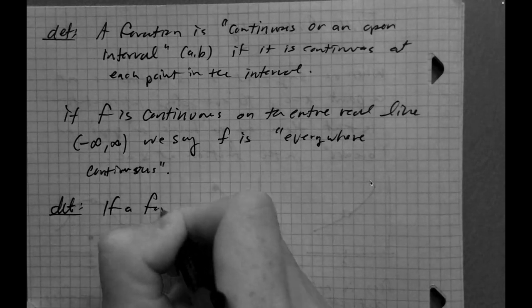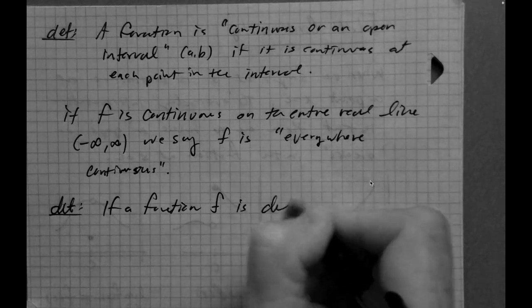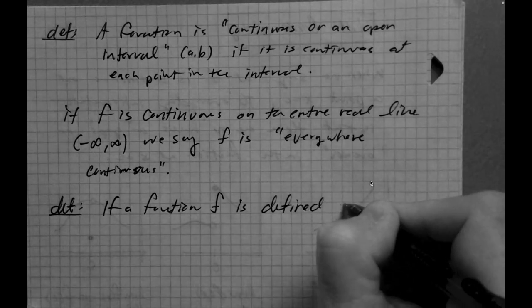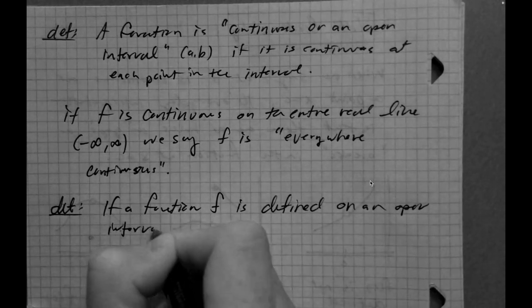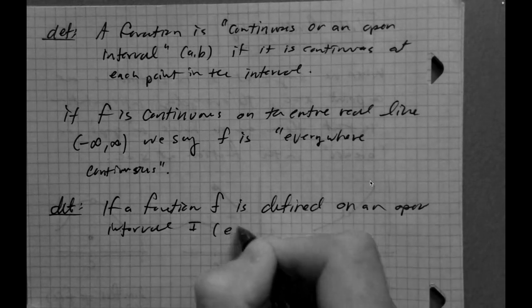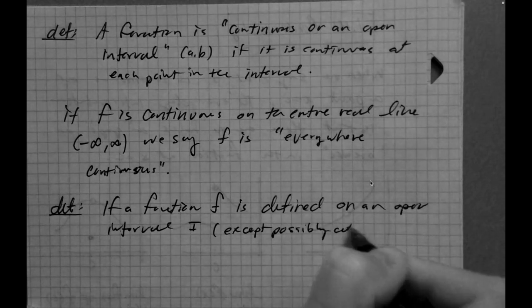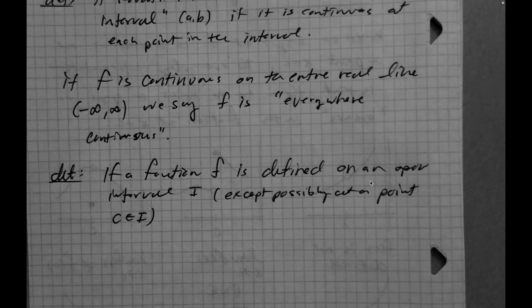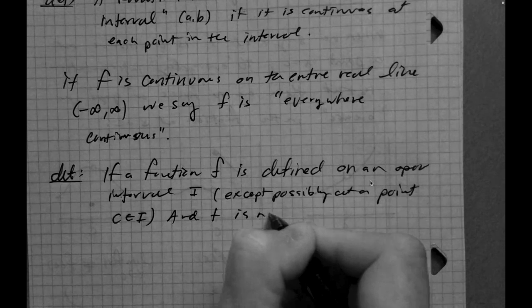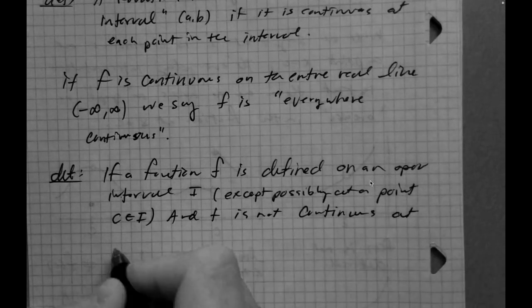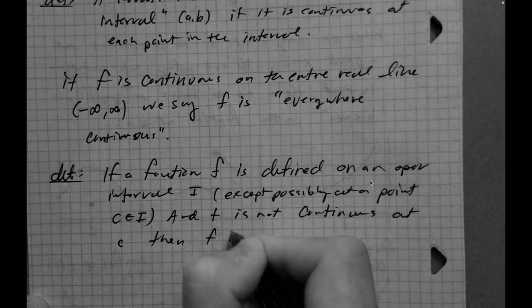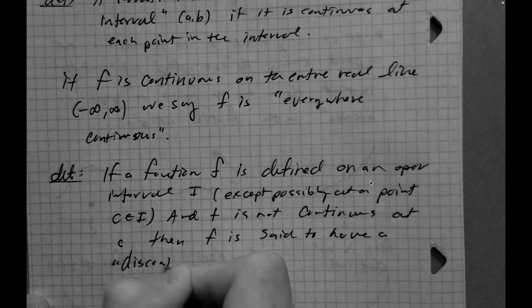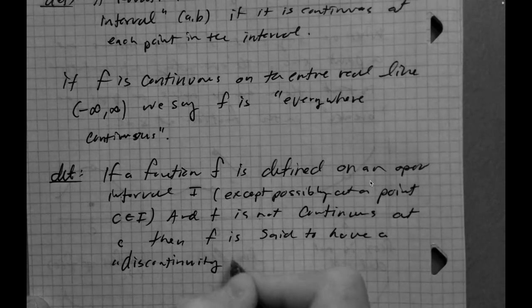If a function f is defined on an open interval I, except possibly at a point c in I, and f is not continuous at c, then we say that f has a discontinuity at c.